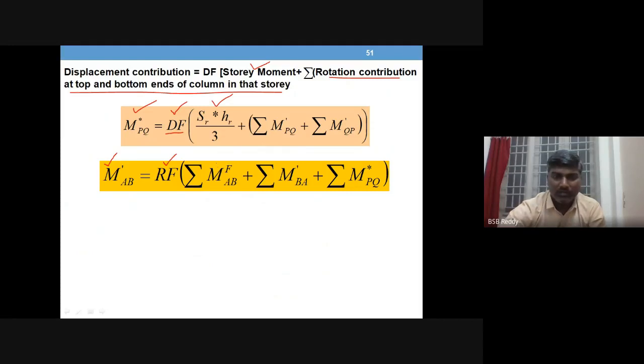A rotation factor multiplied by sum of fixed moments at that joint plus all foreign rotation contributions for that joint, and also all the sway contributions related to that joint. Okay, sway moments related to that joint. So that is how you find rotation contribution. With these expressions, we will be able to solve the sway moments. If the frame is having sway, we will be able to solve using Kani's method.